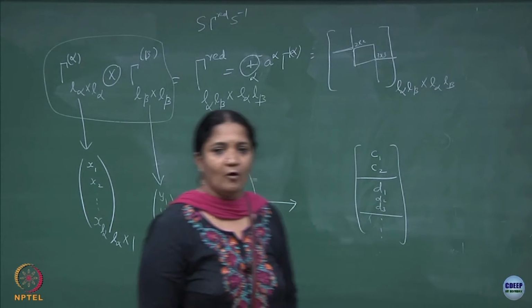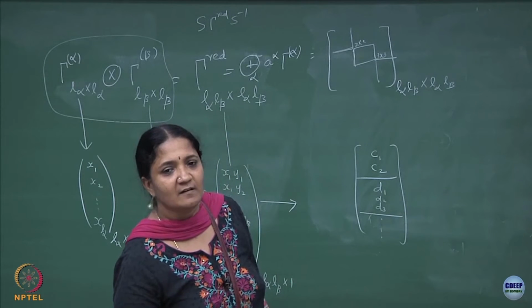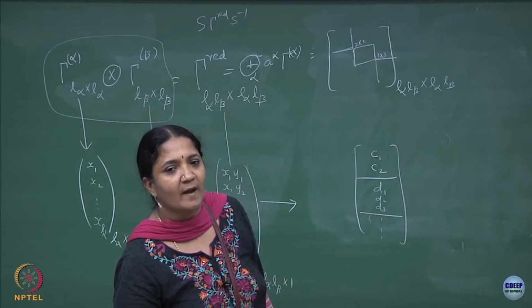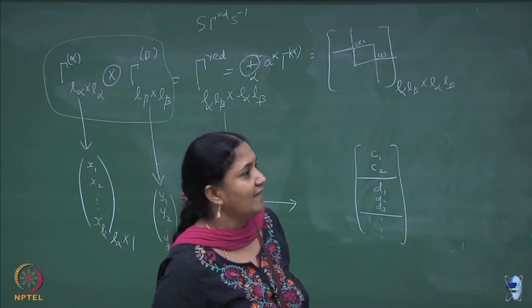Okay, so I have already given you a fact that if you have a reducible representation, the dimensionality of these matrices will also determine the dimensionality of the vector space on which these matrices act.